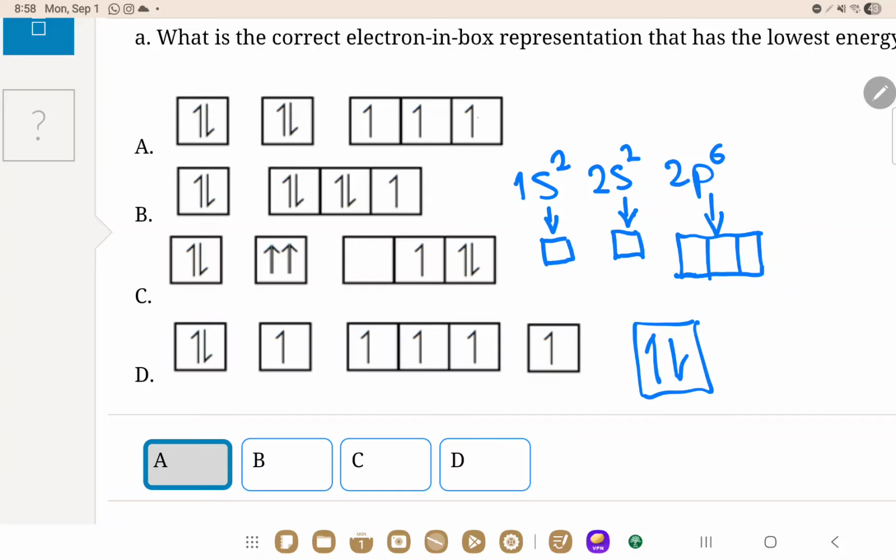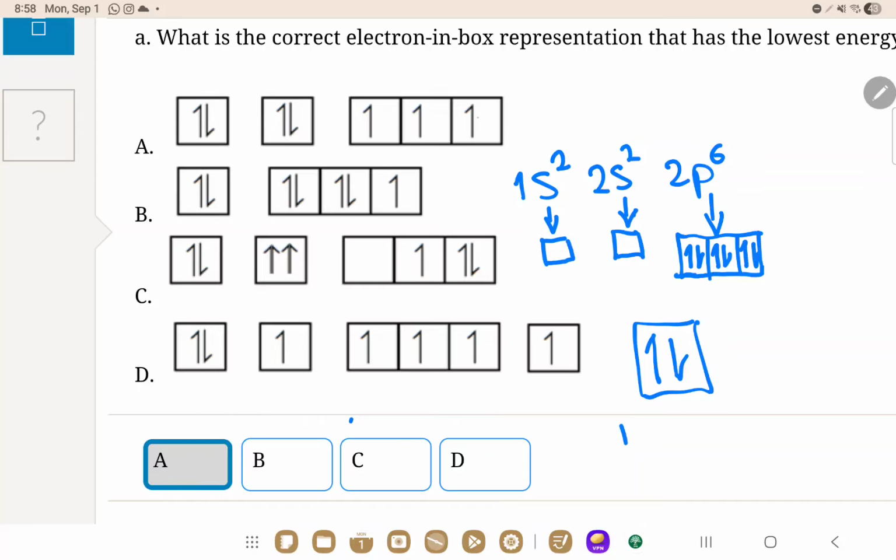To fill up a box, that's 1 room, 1 up, 1 down. Now, how do you fill in a house with 3 rooms? You fill it in 1, then 1, then 1. Then you do the bottom, the bottom, the bottom. 2, 2, 2. That's how you fill up the other boxes. You cannot fill it in any other way.